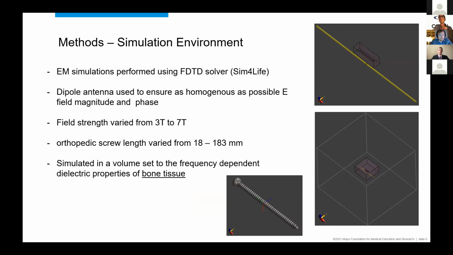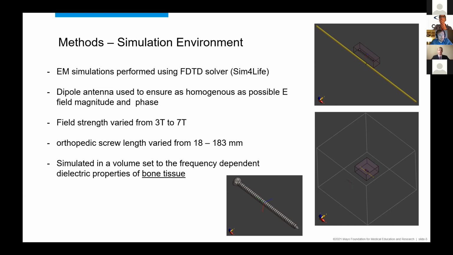So to give a little bit of detail about the methods we used in terms of our actual simulations, our electromagnetic simulations were performed using a finite difference time domain solver known as Sim4Life. Within the simulation environment, we created dipole antennas at each field strength that were used to ensure as homogeneous as possible an E field in terms of the magnitude and phase of that field. We also varied our field strength from 3 Tesla to 7 Tesla by adjusting the actual dimensions of the dipole antenna itself.